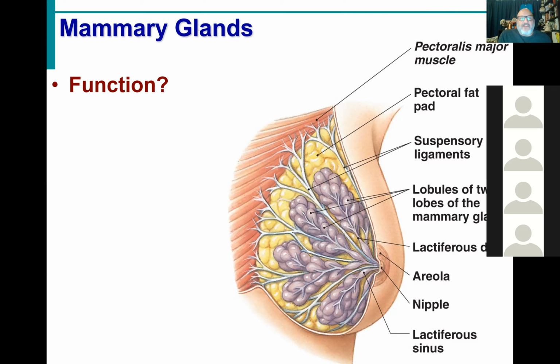However, thanks to that human chorionic somatomammotropin, those immature glands will mature into much more elaborate glandular structures. And their job is, of course, to provide milk.